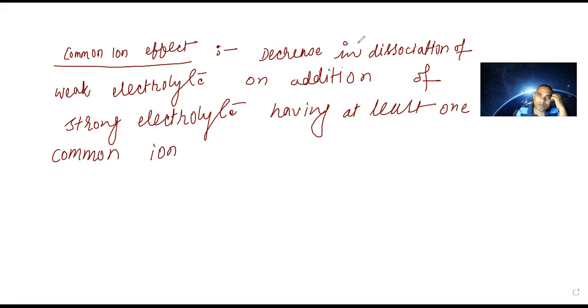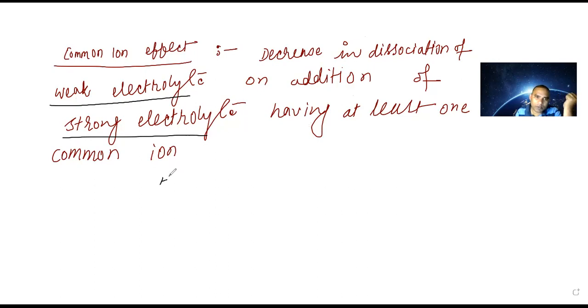Okay, so two things are there. What two things if you keep in mind? One is the weak electrolyte, another is the strong electrolyte, right? Now, have you heard about the Le-Chatelier principle? I have, yes. Okay, if you know the Le-Chatelier principle, then it will be easy.